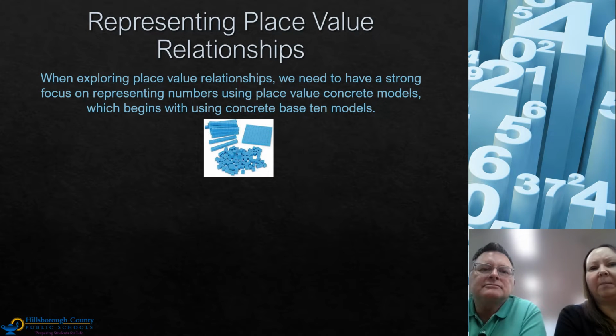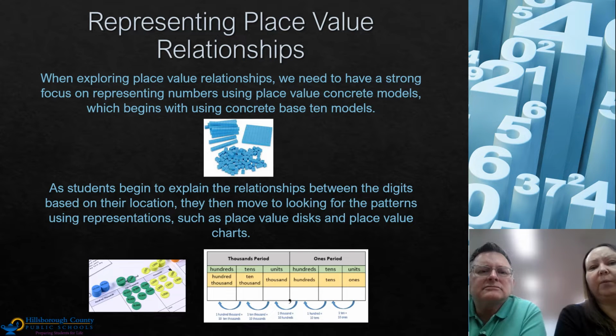When we begin to represent place value relationships, we want to begin with base 10 blocks. They truly show the 10 times greater and 10 times less relationship between digits. Then we move to representational, more pictorial, with the place value disc and the place value chart to look at those relationships. You know, Shanna, I just had an aha moment here.